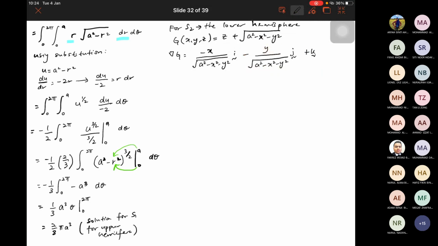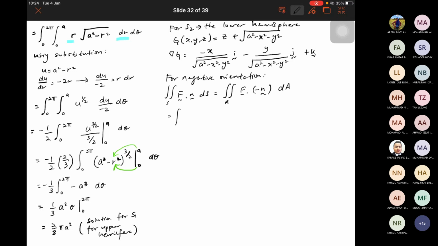So for negative orientation, you are going to have the flux of F dot n dS equal to the integral over the bounded region R of F dot the negative of the vector function dA.